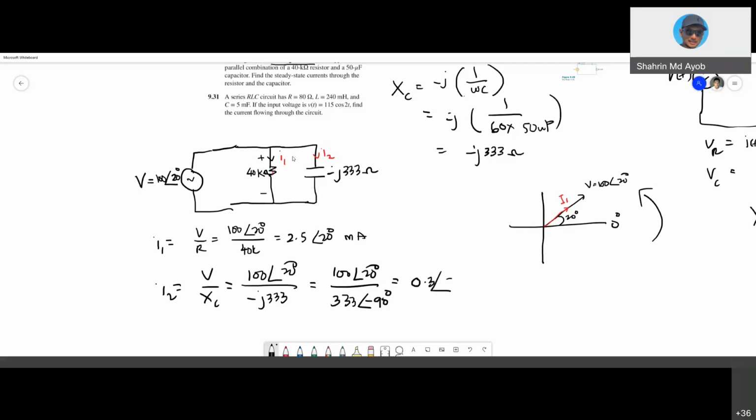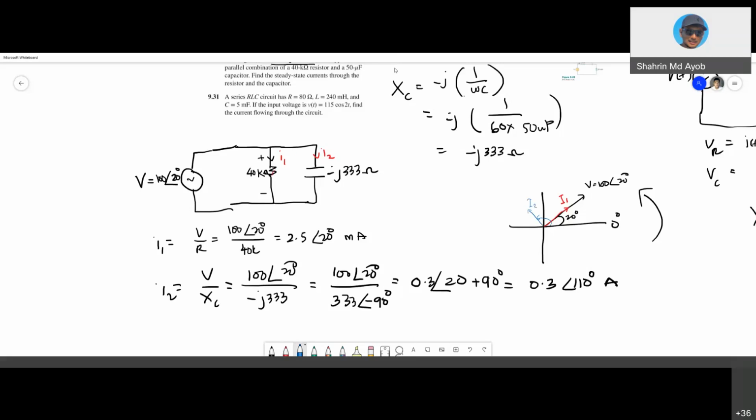And the angle is 20 minus negative 90. If you put it back on the upper side, it becomes positive 90 degrees, so 20 plus 90 is 110. So this one is 0.3 at angle 110 ampere. If you want to draw the phasor of I2, 110 means it is here. This is your I2.